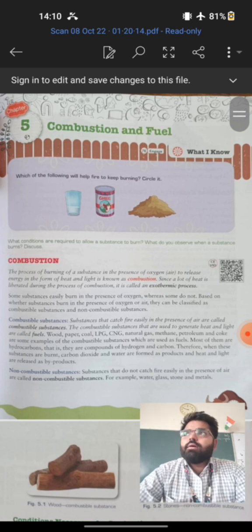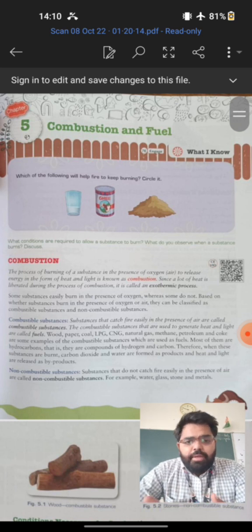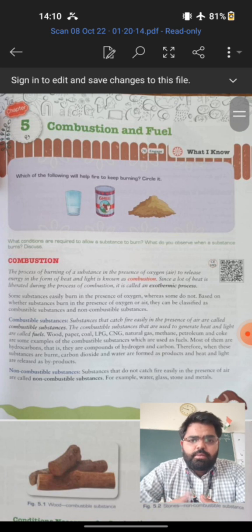And since we know that whenever we are going for combustion, a large amount of heat and light will be released, you can say it is an exothermic process because of the liberation of a large amount of heat. Now moving on, we need to understand what is the meaning of combustible substances.